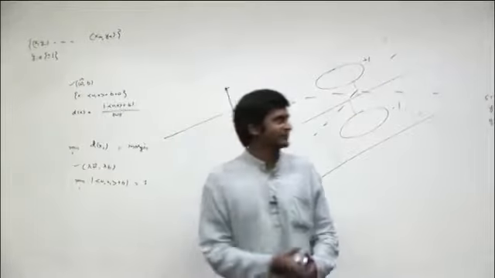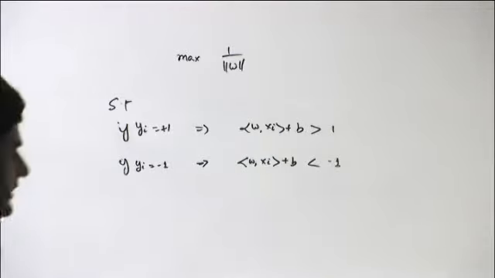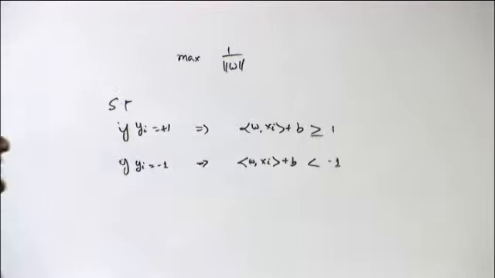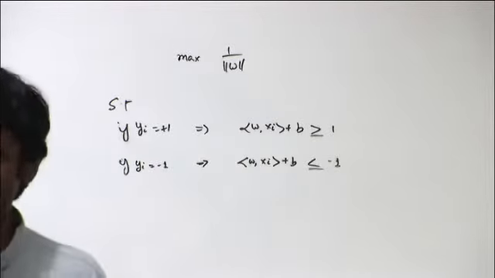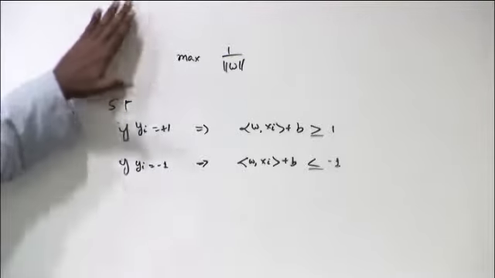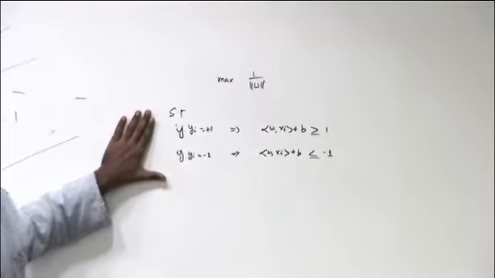If the absolute value is at least 1, then w dot xi plus b must be larger than or equal to 1 when yi is +1, and if yi is -1, then this must be less than or equal to -1, because the absolute value is at least 1. Okay, so if you put these three things together, then you are saying I want to maximize 1 over norm w subject to these two constraints.